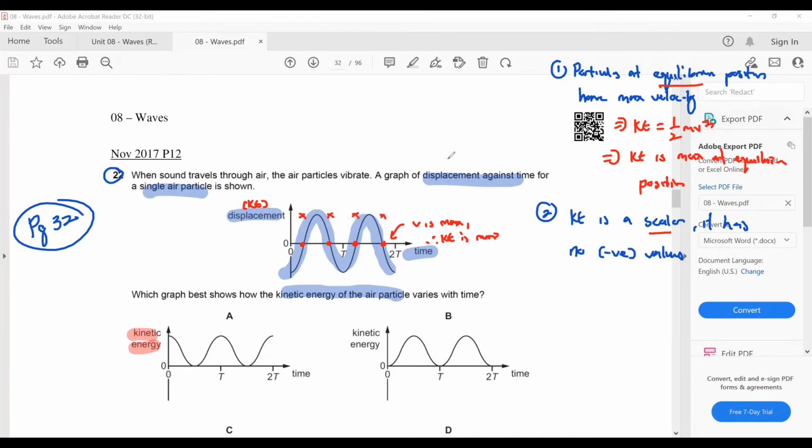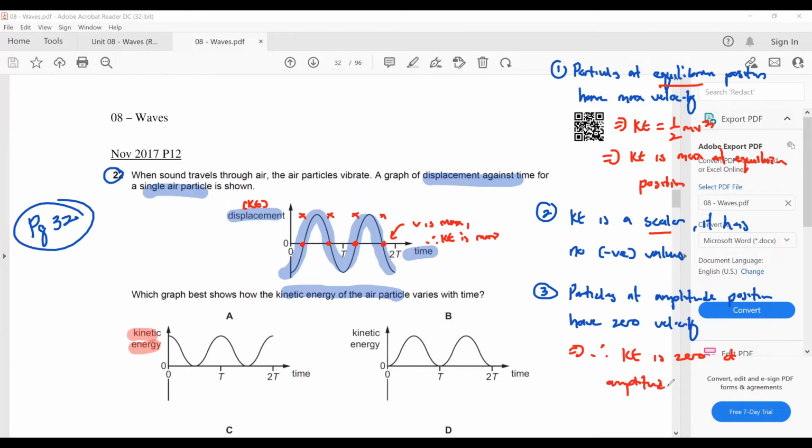Okay. And then after that, I also mentioned something to you before. Particles at amplitude position have zero velocity. Okay, so therefore KE is zero at amplitude. So now at the amplitude positions, my KE will be zero.